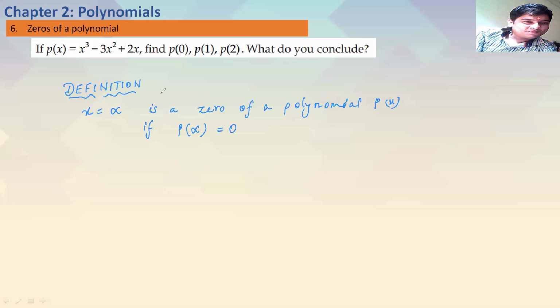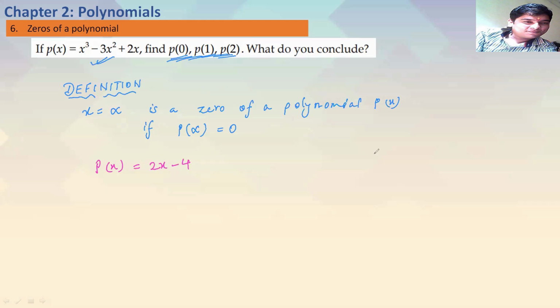So you understood the meaning of zero. Now, what is the procedure of getting zero? For instance, suppose it was not given. How would you figure out the zero? Let me take another example. Let's say we have P(x) is equal to 2x minus 4.